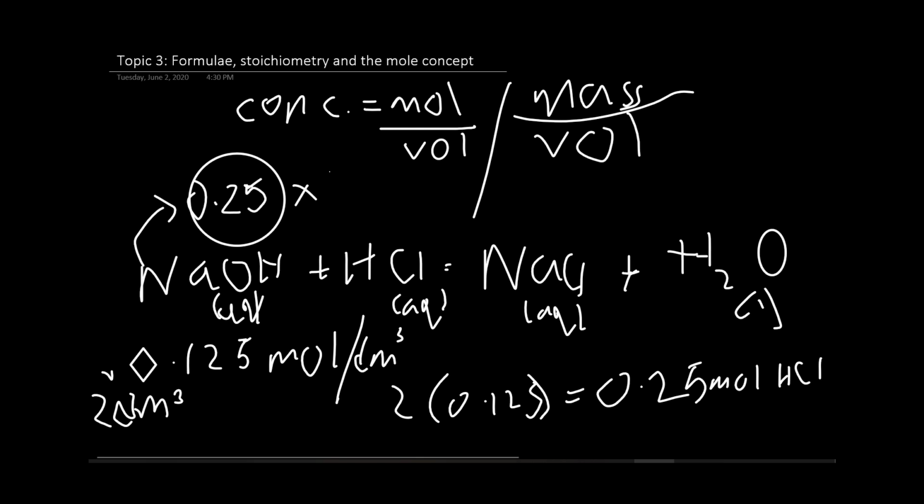So the MR of sodium hydroxide is 23, plus oxygen has an AR of 16, plus hydrogen has an AR of 1, right? 23 plus 17 is 40.